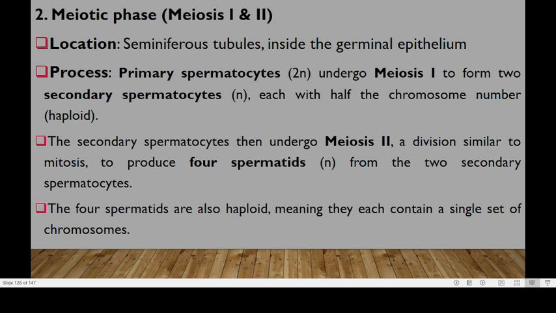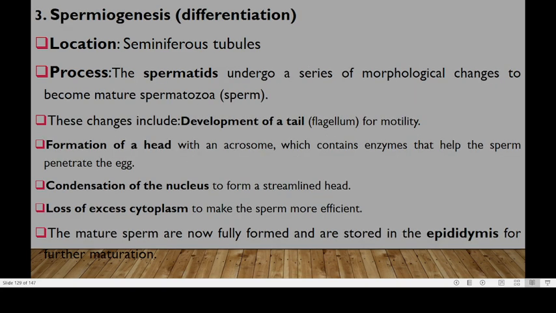The secondary spermatocytes then undergo meiosis 2, a division similar to mitosis, to produce four spermatids from the two secondary spermatocytes. The four spermatids are also haploid, meaning that each will contain a single set of chromosomes.